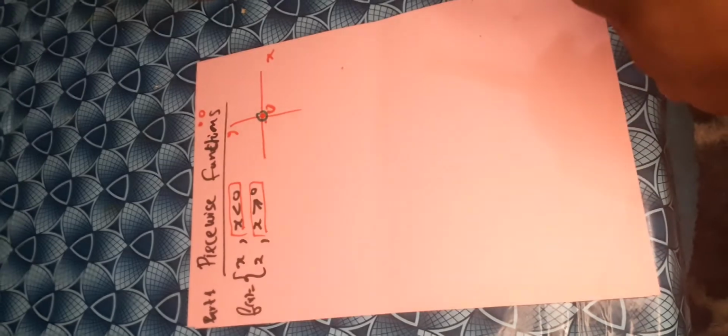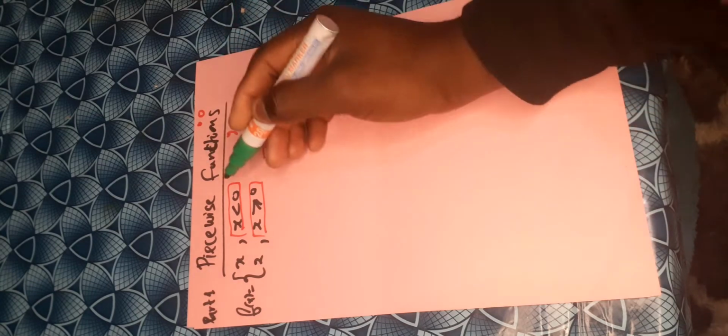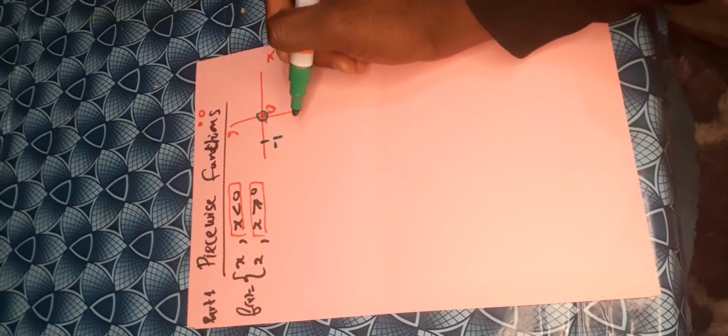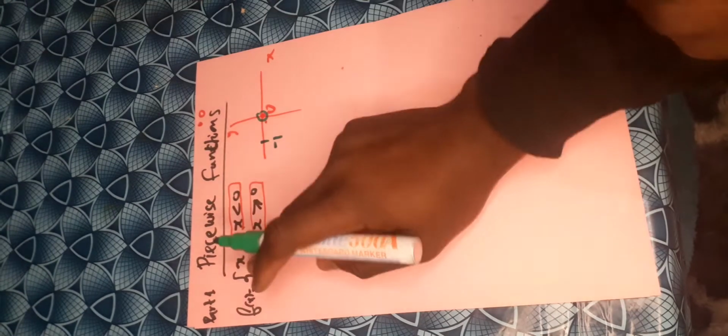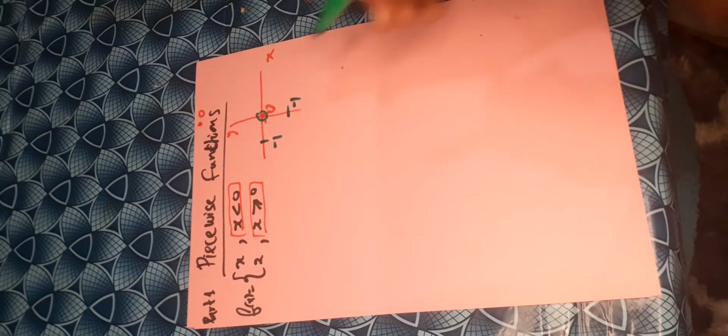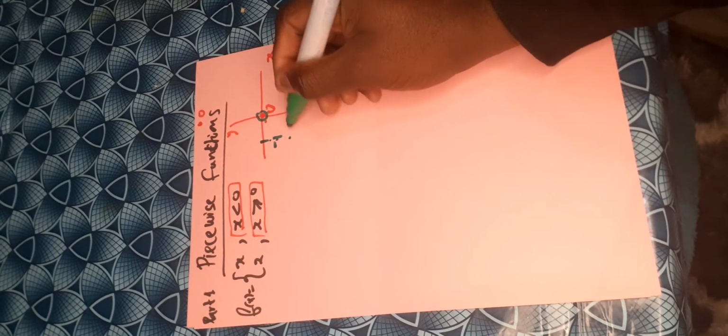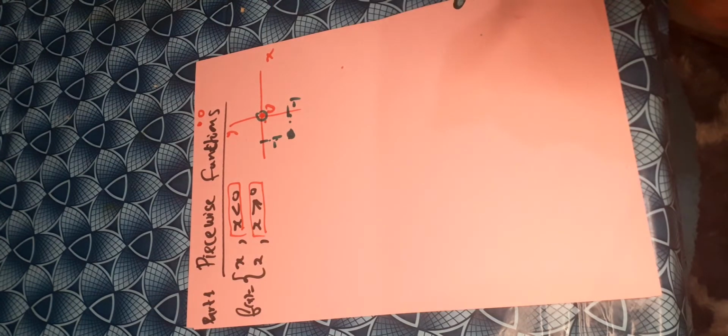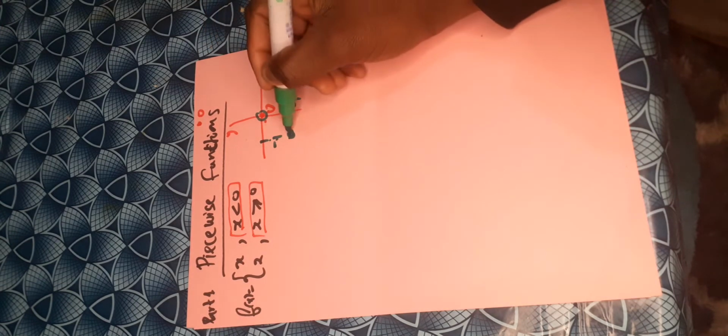You can take -1, for example. So if x is -1, your y will be what? Your y also will be -1. You are here. Okay? So you link them, and then your graph will look like what? It's going to look like this.